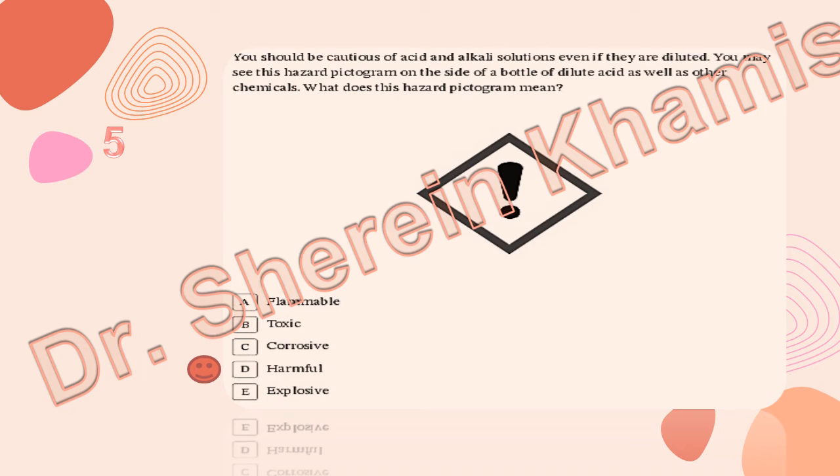You can't use it easily, and you must take care when you use it, as it can cause great harm to people, especially children. Okay, let's go to question 6.